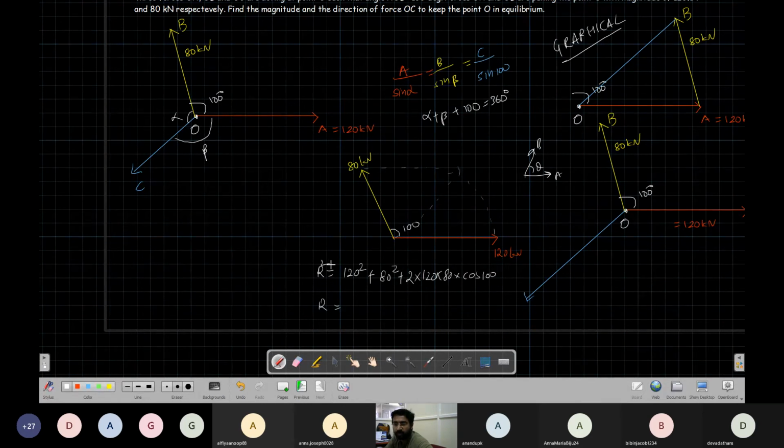R square is equal to 120 square plus 80 square plus 2 into 120 into 80 into cos 100. So what is this value? Solve this. I will solve it.